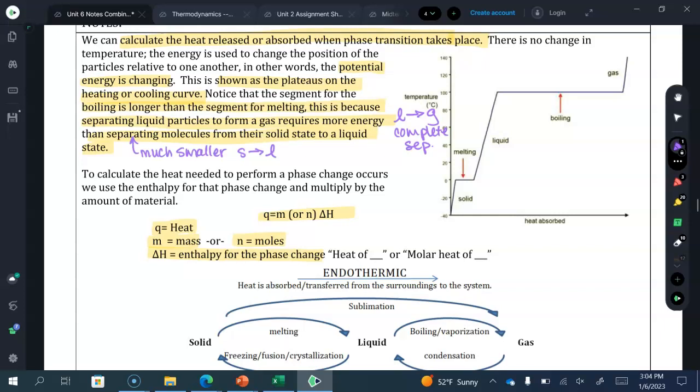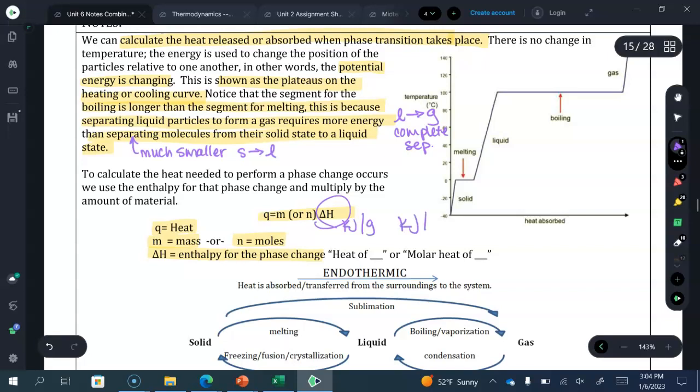To calculate the heat needed to perform a phase change, we use the enthalpy for that phase change and multiply it by the amount of material. So those two equations I gave you at the beginning, where Q is heat again, and m is mass, or n is moles, and this will depend on the units of delta H. Delta H tends to have units of either kilojoules per gram or kilojoules per mole.